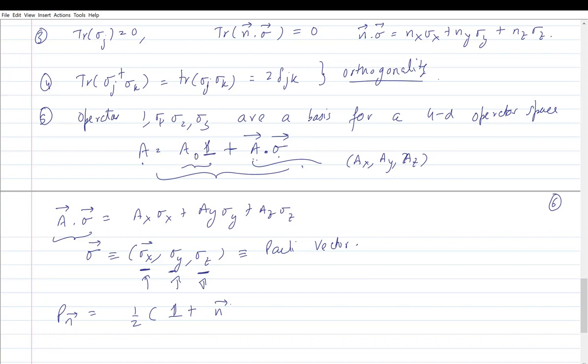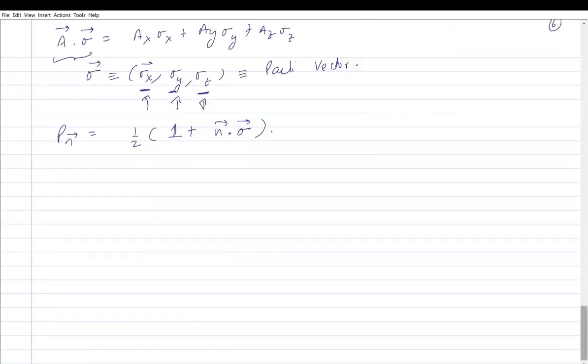you can work this out over here, and there are some more properties of the projector where I have this guy.